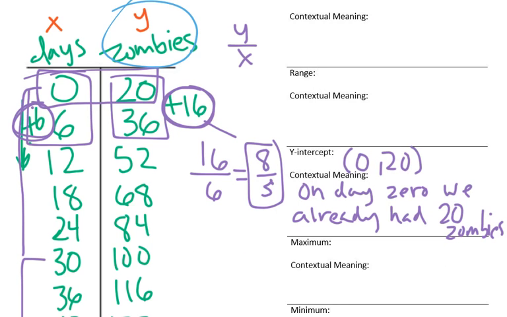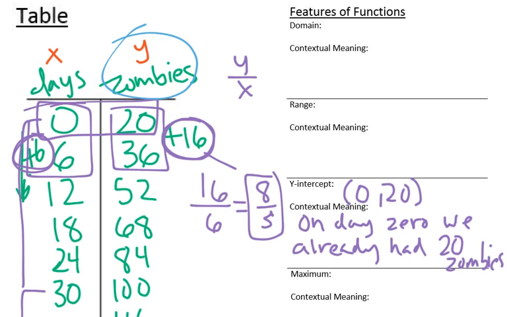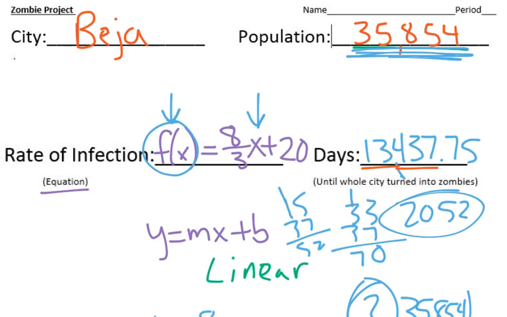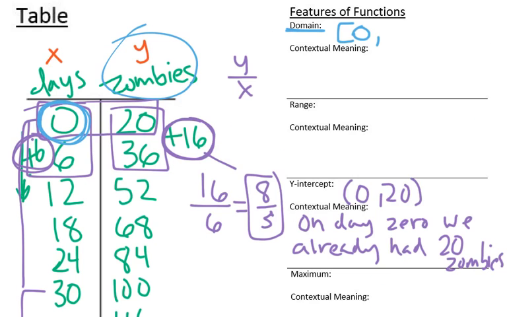Now, we can take a look at some more of these features of functions. So domain remembers all the x values. Well, according to my situation, less than 0 doesn't work, so I would start at 0. And then, according to my situation, once we hit our population in this many days, that would be the end of my domain, right? Beyond that, I don't really care.